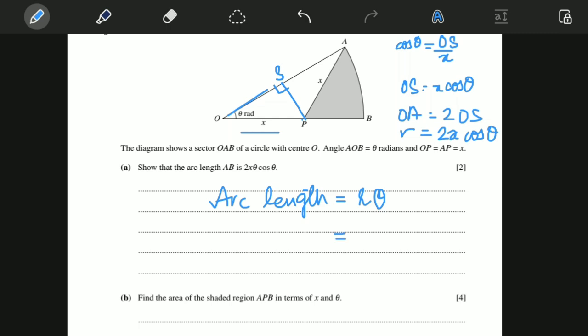So here we will write 2 times X cos theta times theta. This will become 2x theta cos theta.